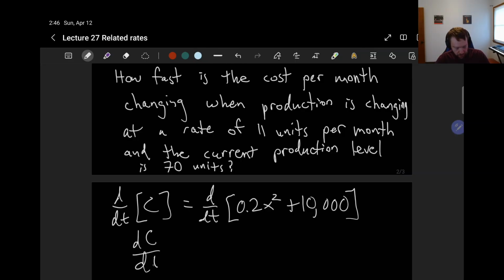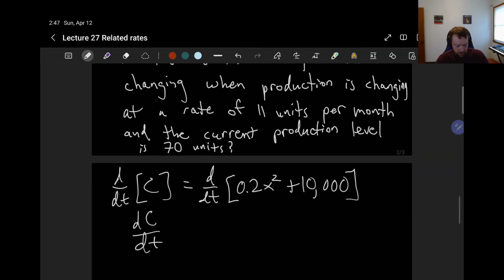So when I take the derivative of c with respect to time, I get dc/dt. And we do the power rule with the x. It's x to the first, but we have to multiply by dx/dt because x is an implicit function of t. So we don't forget to multiply by the dx/dt. And plus 0.